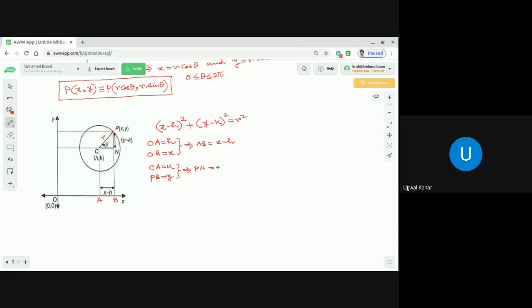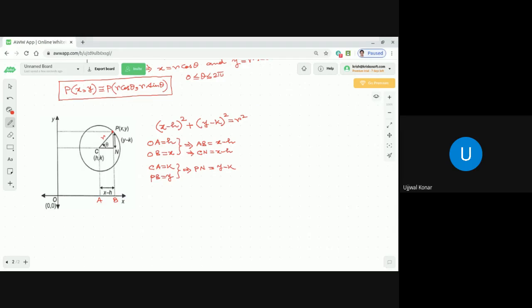So AB is equal to x minus h means AB and CN both are the same. So CN is equal to x minus h. Now that is interesting information. We get CN is equal to x minus h and we get PN is equal to y minus k. Correct?